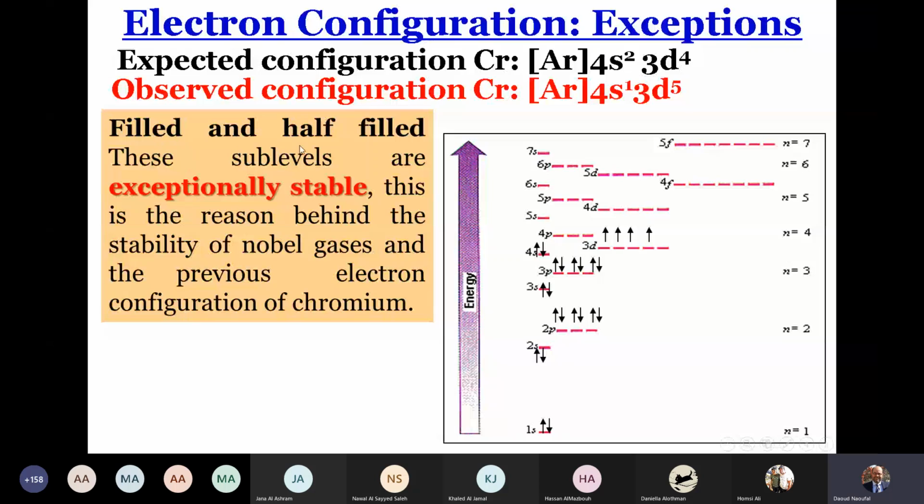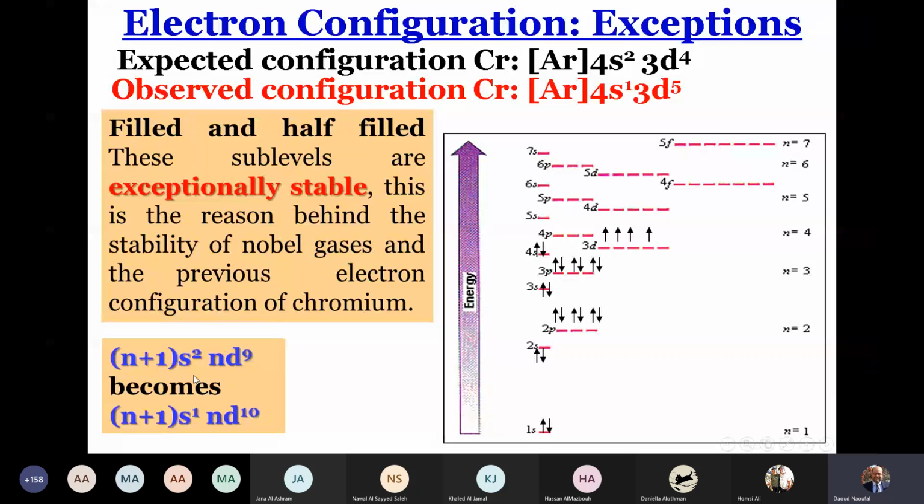So filled and half filled are very stable. This is the reason behind the stability of noble gases. Why are noble gases stable? Why do noble gases not give or gain electrons from outside? Because the electronic configuration of the noble gas is s2p6, and p6 is a completely filled orbital, so it's highly stable.